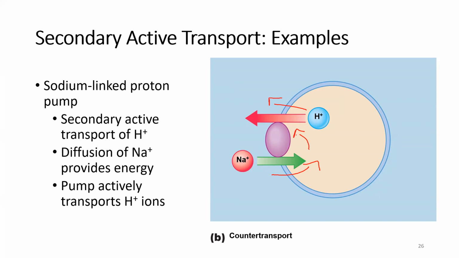The only difference between this and the previous example is that now the molecules are moving in different directions. So sodium is moving into the cell, the protons or hydrogen ions are moving out of the cell, and so this is going to be called counter-transport, whereas the sodium-linked glucose transporter is an example of co-transport, okay?